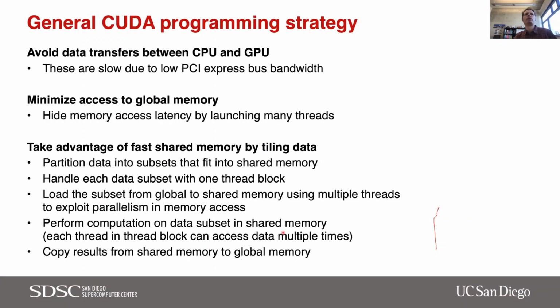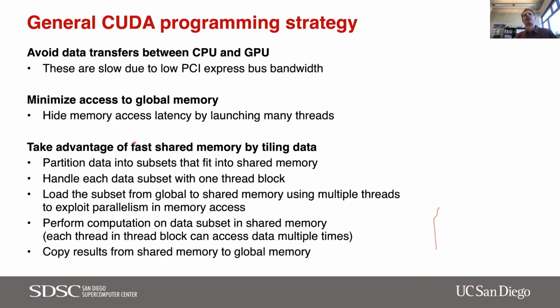And so when you write a CUDA program, you want to avoid data transfers between the CPU and the GPU. You minimize access to the global memory because, like I said, this is the slowest part of the memory that you have, even though it's faster than RAM on a CPU.